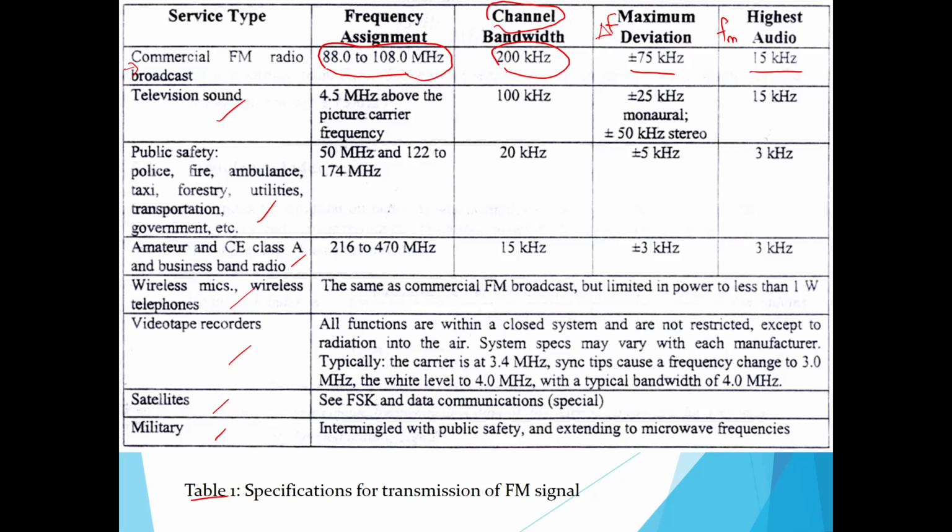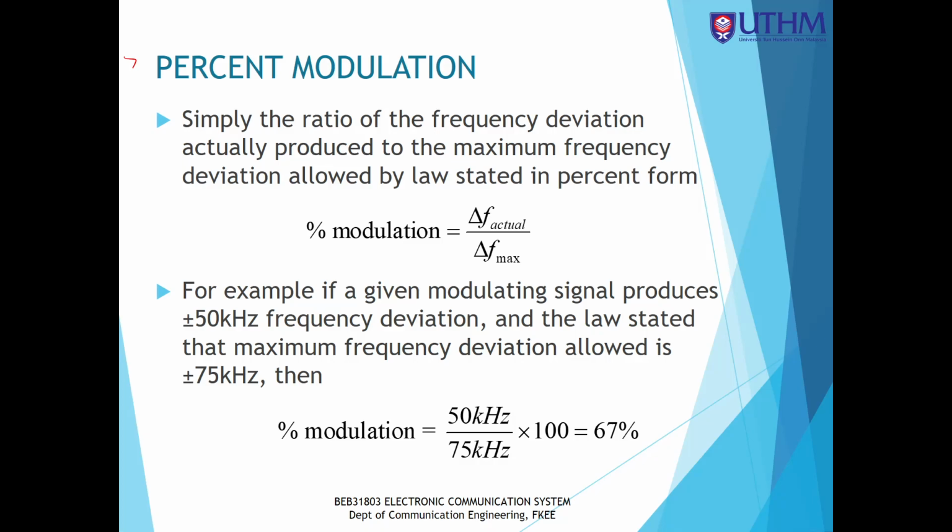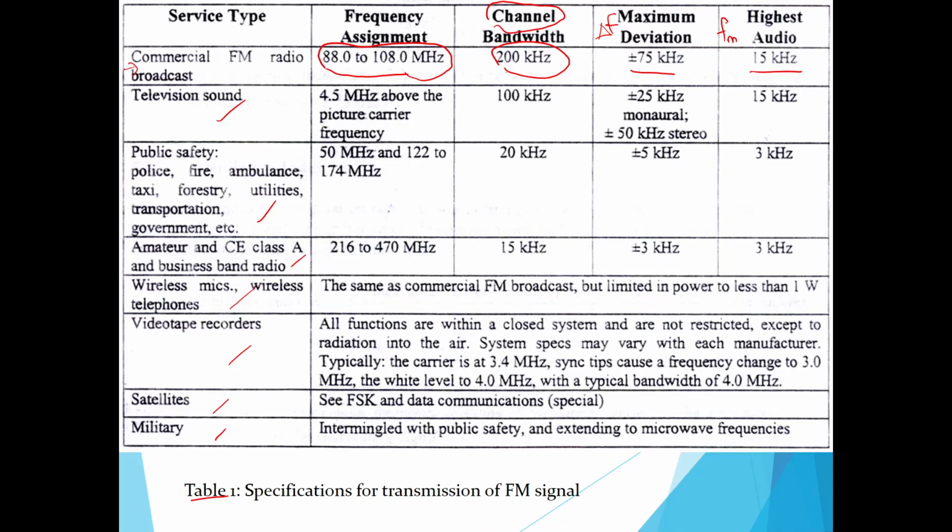In previous exams, we normally ask a question from here: between 88 and 108 megahertz, how many radio stations can we allocate within this bandwidth? There is an example in the next slides, and I will explain later how many radio stations we can put inside this FM band.